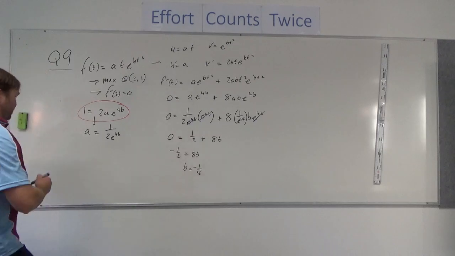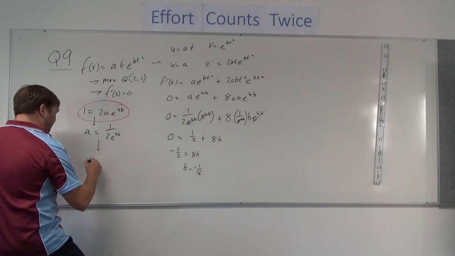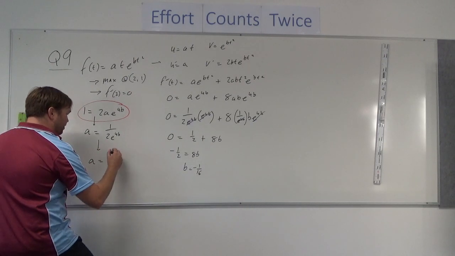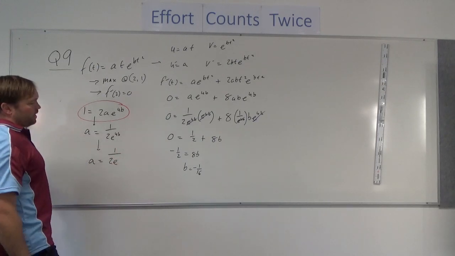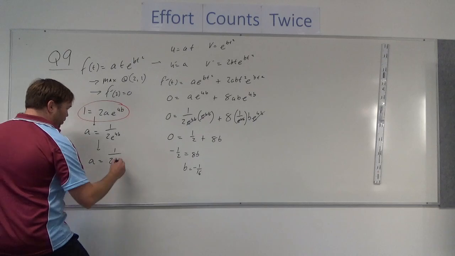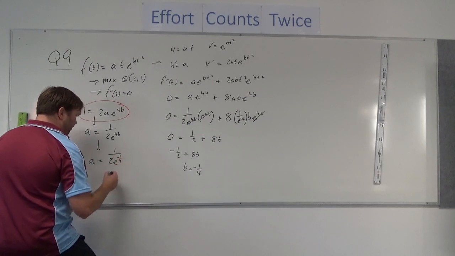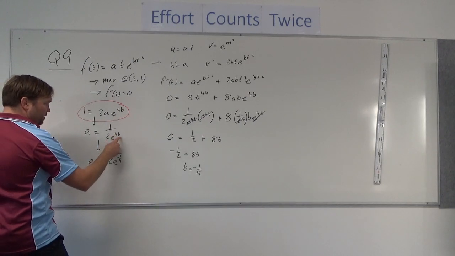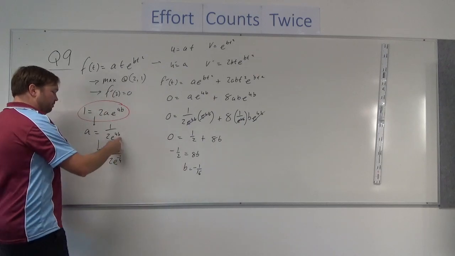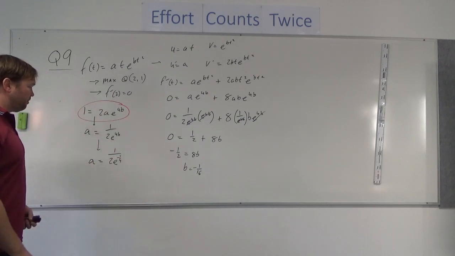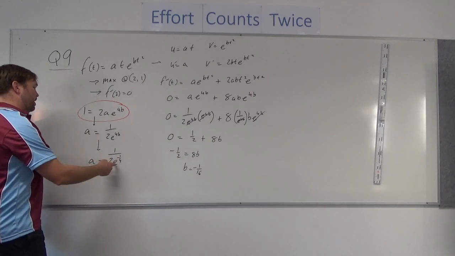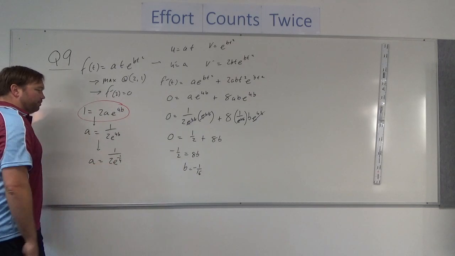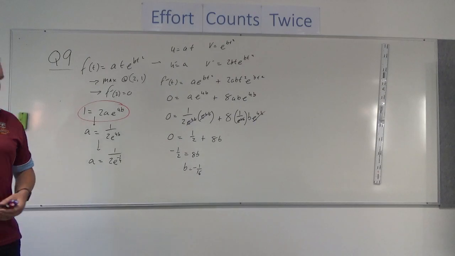If b is minus 1 on 16, a is 1 over 2 e to the minus a quarter. 4 times 1/16th is 4/16, a quarter, which I guess could be written as e to the positive quarter on 2. Alright.